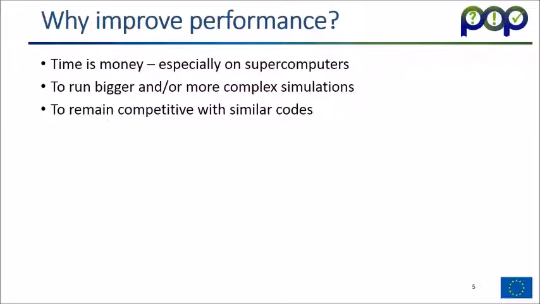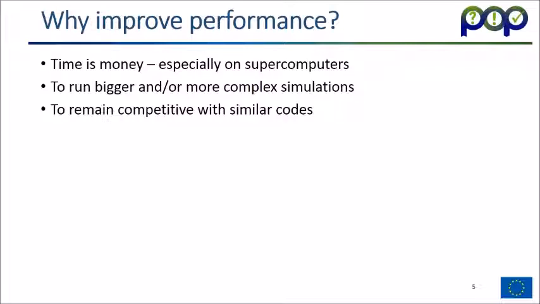Time on these machines can be very limited if you're sharing with other users, but also the actual cost of access in terms of the machine itself and the support and the electricity and various other costs tends to be very expensive. So optimizing your time on that machine is obviously a good thing.